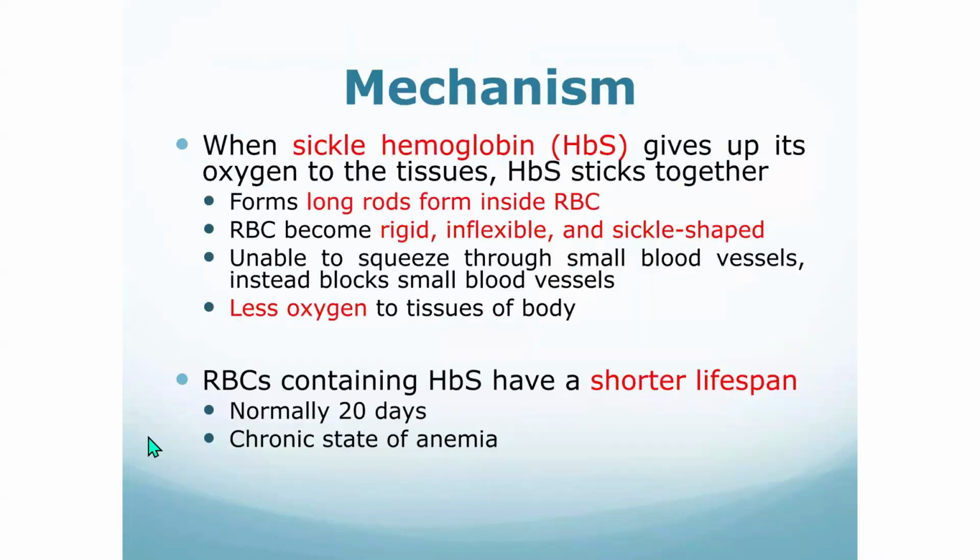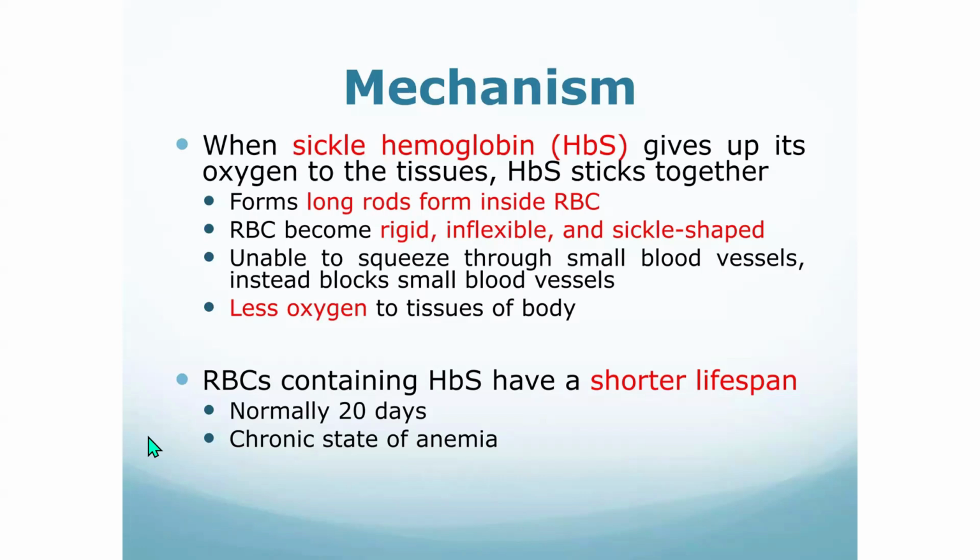So then, the mechanism. When sickle cell hemoglobin gives off its oxygen to the tissues, the hemoglobin sticks together and forms long rods inside the red blood cell. The red blood cells become very rigid, inflexible, and sickle shaped, which is unable to squeeze through small blood vessels and instead blocks them.